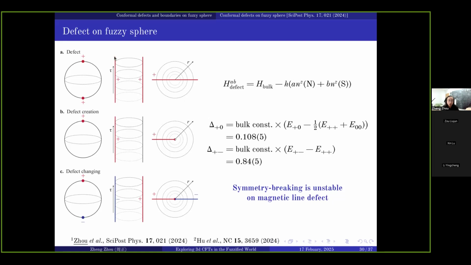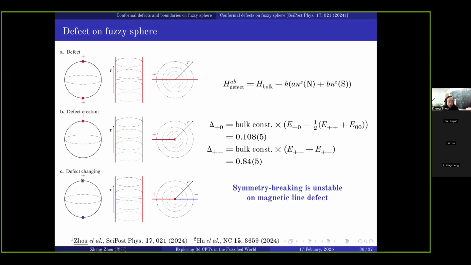On the fuzzy sphere, through the radial quantization, it is easy to realize a conformal defect just by polarizing the north pole and the south pole of the sphere. Similarly, if we only polarize the north pole, this corresponds to the defect creation operator.